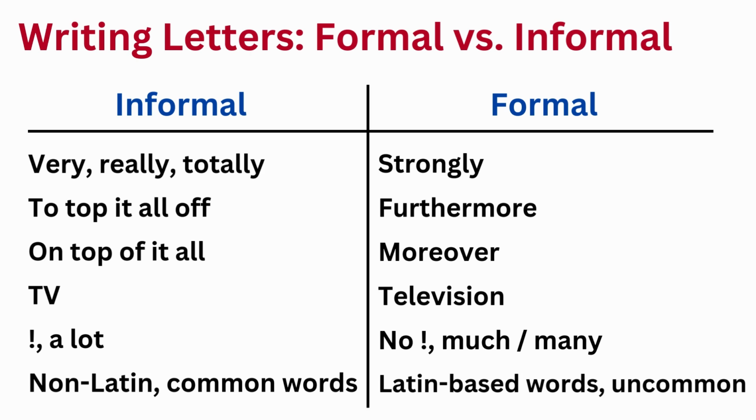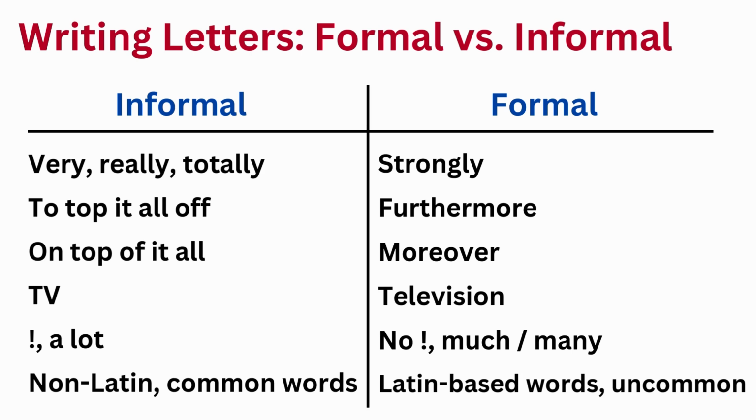Finally, in informal writing, non-Latin words are common. Now, why do I say non-Latin? For those of you who speak Spanish, French, or Italian, these are Latin-based languages. For example, intelligente in French, the English equivalent, intelligent. So you can see that many words in English have a Latin root. Now, these words are usually more formal, so you don't want to use Latin words in informal writing.